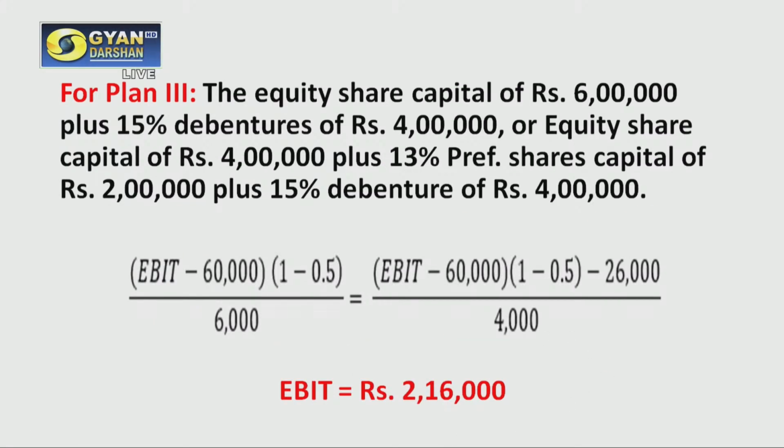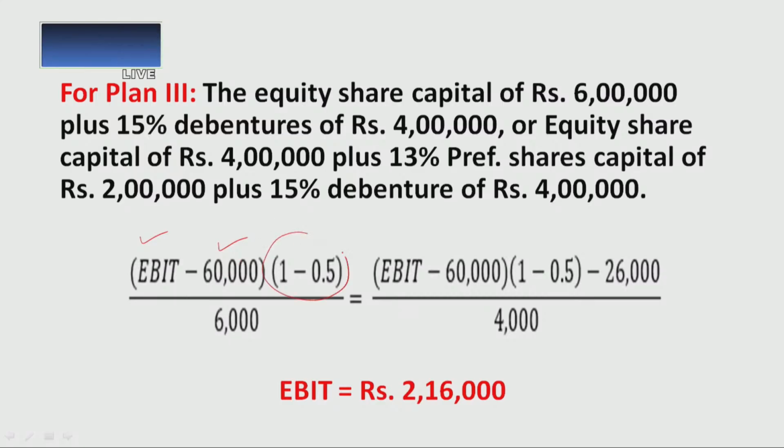Then we have a third scenario, where again equity shares are 6 lakh rupees plus 15% debentures of rupees 5 lakh in case 1. And another combination can be 4 lakh rupees from equity shares, 2 lakh rupees from preference shares, and 4 lakh from debentures. In this case, out of EBIT we have to deduct interest, because we are raising funds from debt as well.